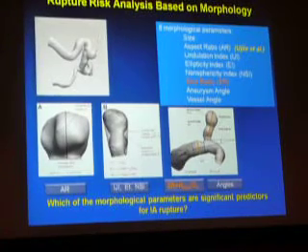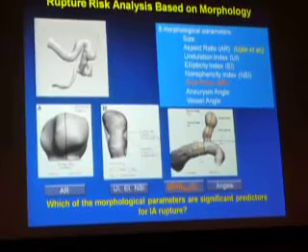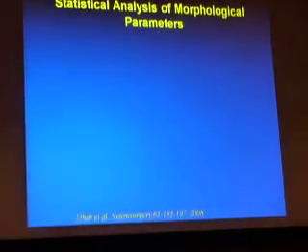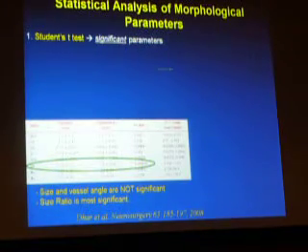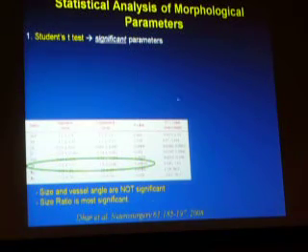We really cannot predict rupture, but maybe which of them can discriminate ruptured aneurysms from unruptured? So what we did was we first analyzed just 45 aneurysms. We examined all these parameters. First we used a univariate test, Student's t-test, and saw which ones are significant. We found that size and vessel angles are not significant, so they drop out.